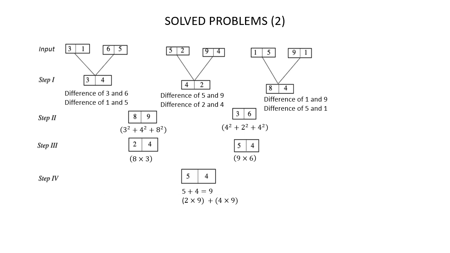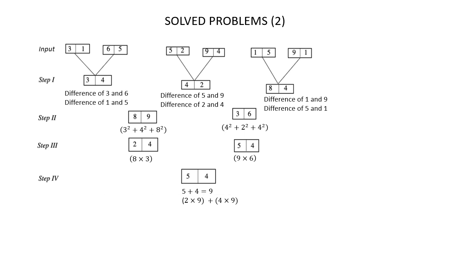This means first 5 and 4 are added to get 9. 5 plus 4 is 9. Now 9 is multiplied with 2 first. 9 multiplied by 2 is 18. Then 9 is multiplied with 4. 9 multiplied by 4 is 36.